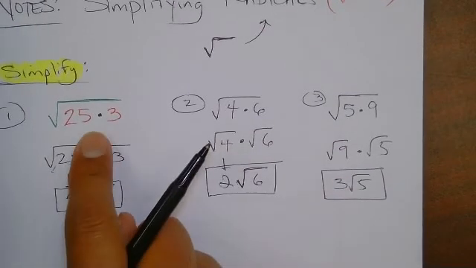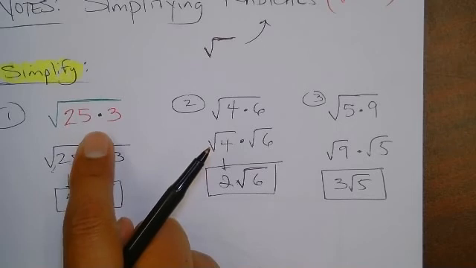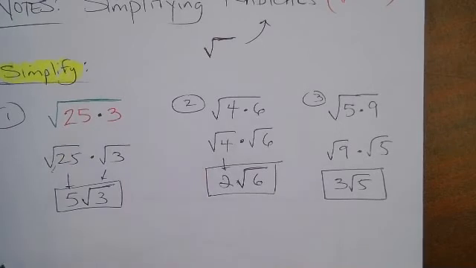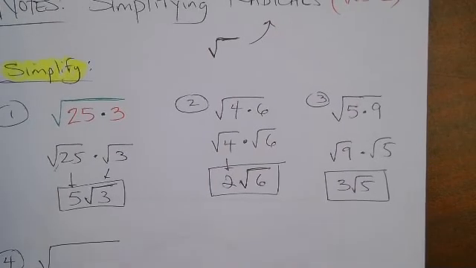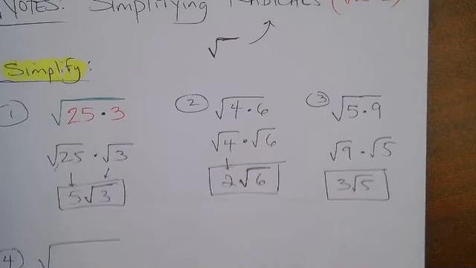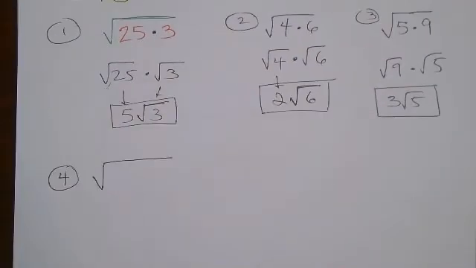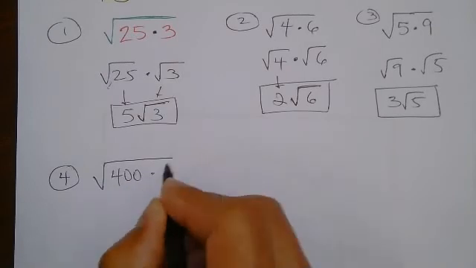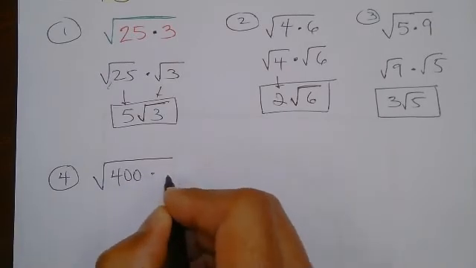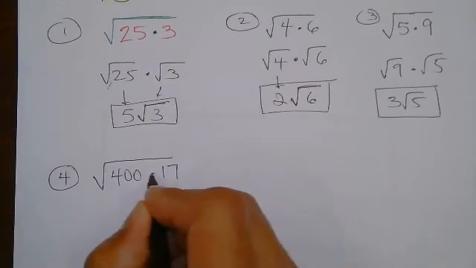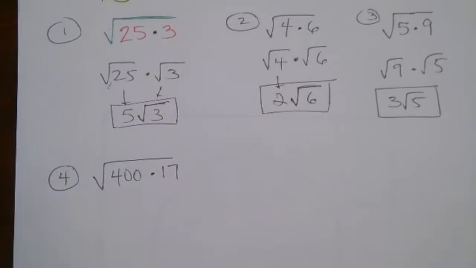The problem is they're not going to be factored out like this for you. You're going to have to do this part. Let me give you number 4 here. What about the square root of 400 times 17?